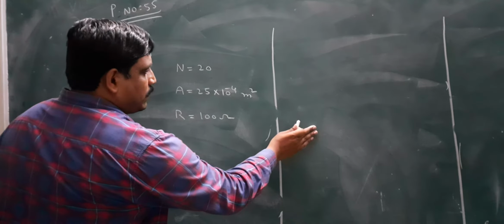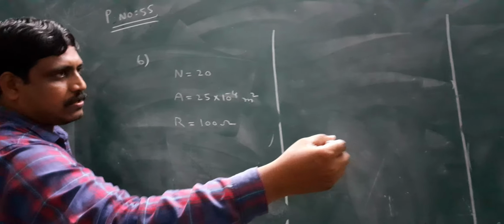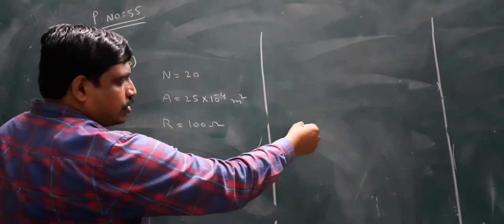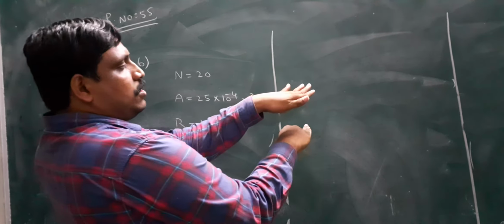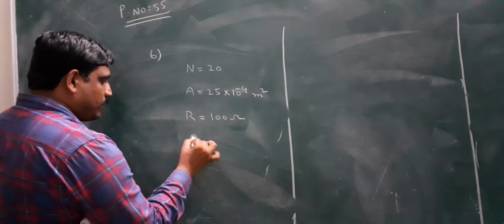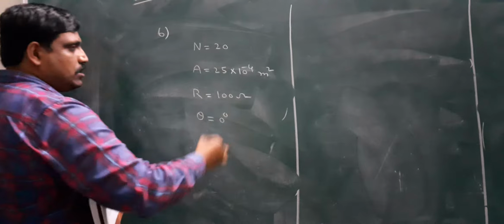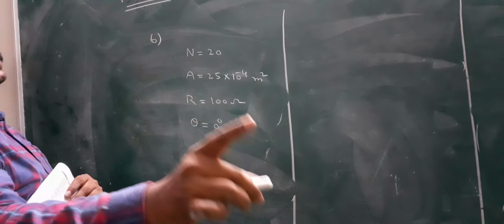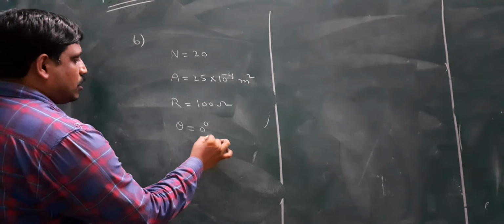Actually, this is the plane of the coil. The magnetic field is perpendicular, and the area is also perpendicular to the surface. Here A and B both are parallel. Simply, B is perpendicular to the plane of the coil, and automatically the area direction is also perpendicular to the plane of the coil. B and A both are parallel.